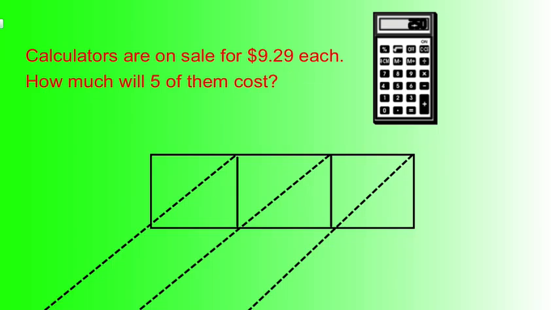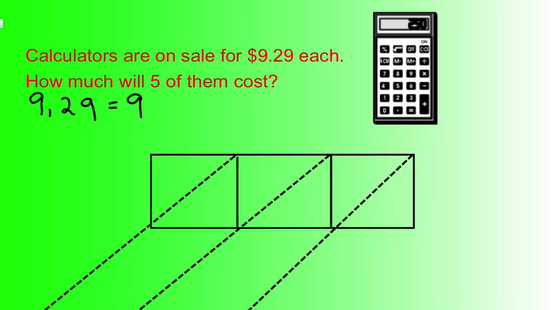So calculators are on sale for $9.29 each. How much will 5 of them cost? Well, right off the bat, we can say that $9.29, if we rounded, would be closest to what? And if you said that $9.29 is closest to 9, then you were correct.